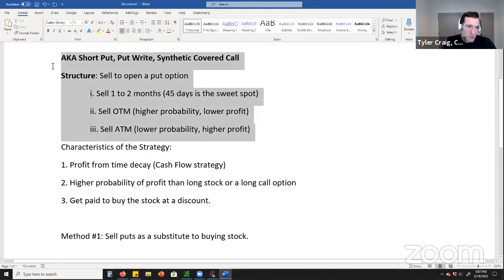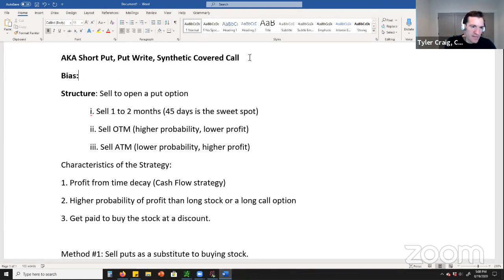We're just selling a short-term put on a stock, and let me give you the bias here. This is a neutral to bullish trade. If you're familiar with our number scheme at Tackle, 0 would be neutral, +1 mildly bullish. That would be the bias when you consider this trade. If you're aggressively bullish, you probably want to buy a call or buy stock or something.